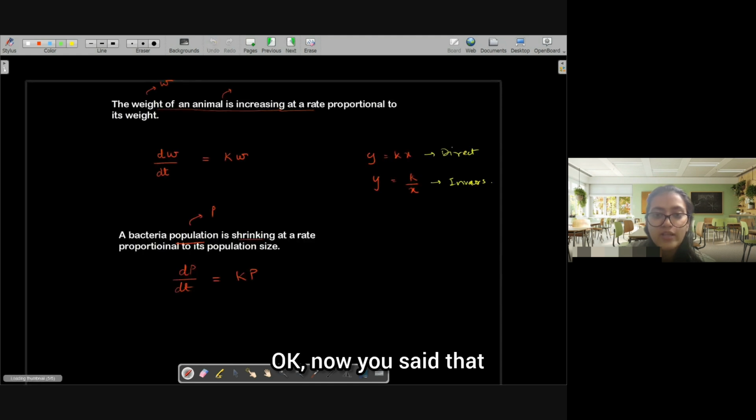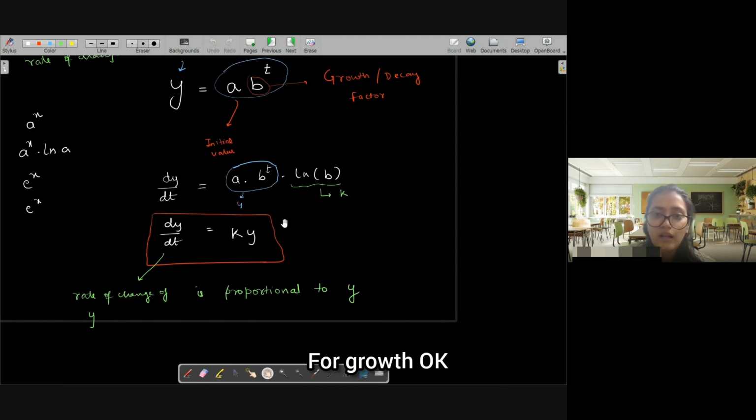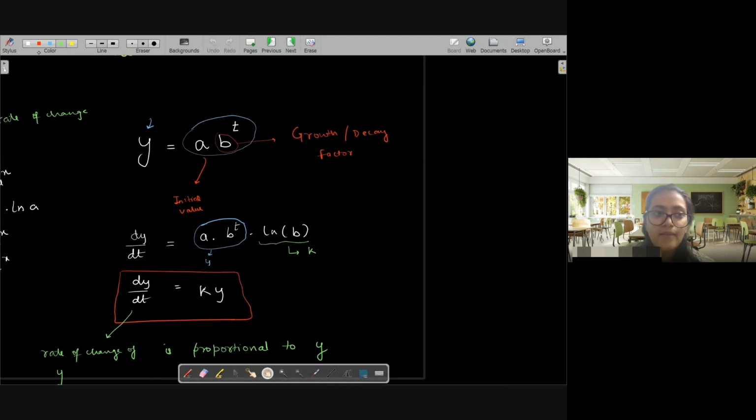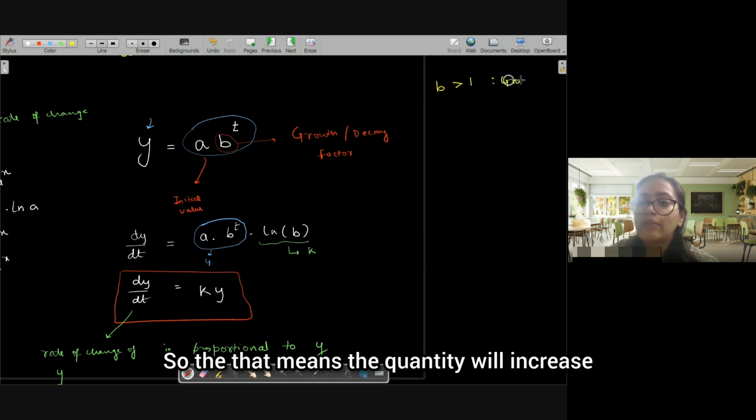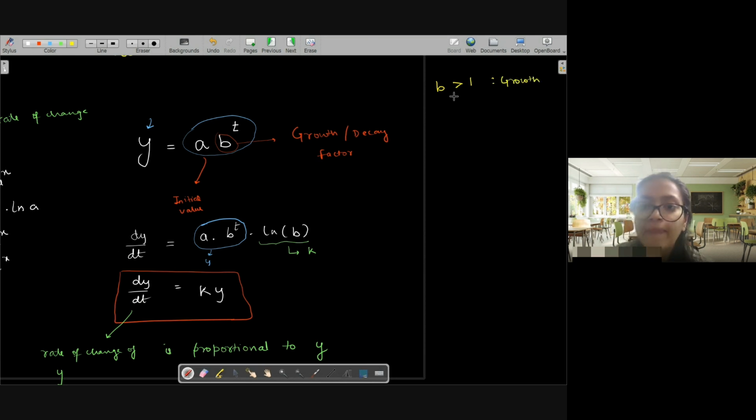Now, for growth and decay, that depends on B. You see this growth and decay factor, that depends on B. If your B is greater than 1, in that case, you will have growth. So that means the quantity will increase.